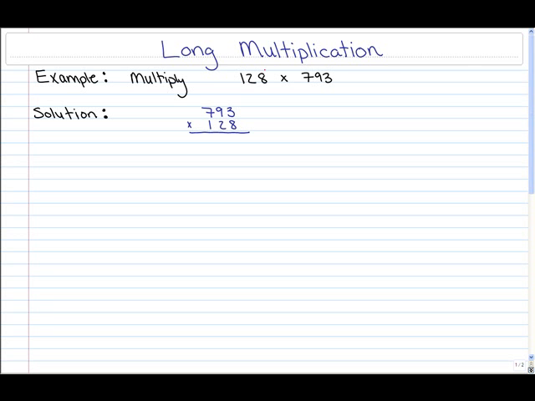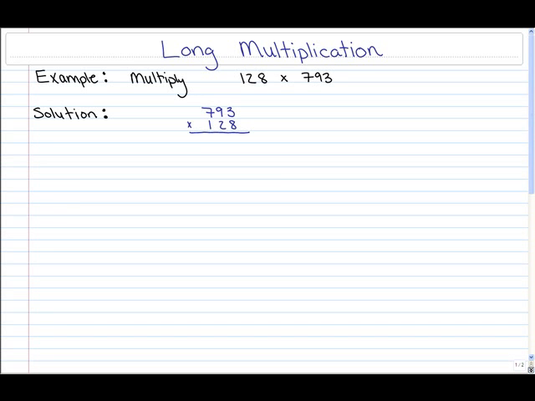However, if 128 was 28 instead, the multiplicand should be the 793, and the multiplier should have been 28. The multiplier should always be the smaller number. So for this multiplication, again, the top number here is called the multiplicand, and the number underneath is called the multiplier.